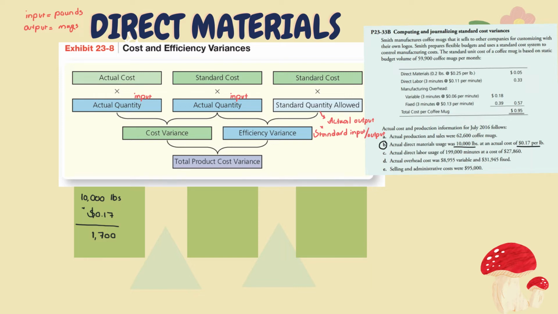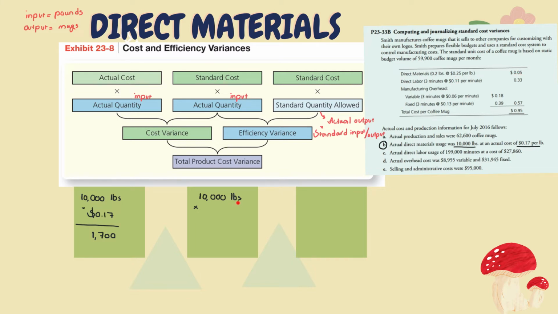Now, for the second one, standard cost multiplied by actual input. Again, actual input is the same, 10,000 pounds. Now I need to multiply it with standard cost. Standard cost means budgeted cost for direct materials. I need 25 cents per pound, or 5 cents per mug.